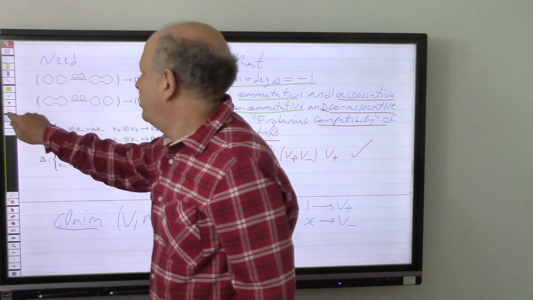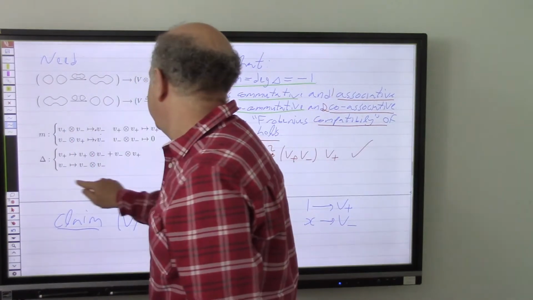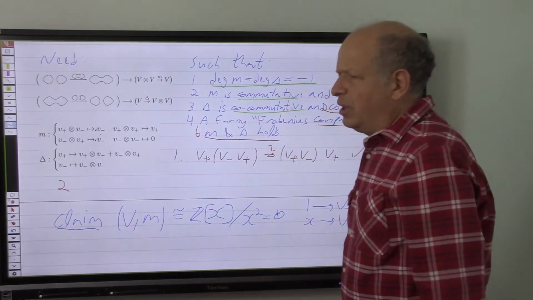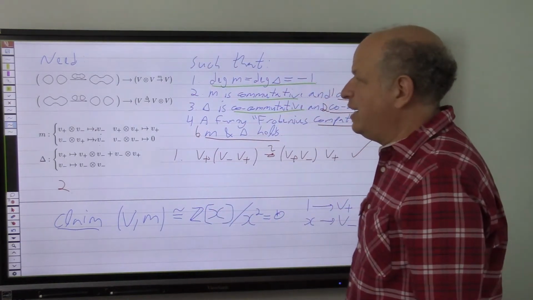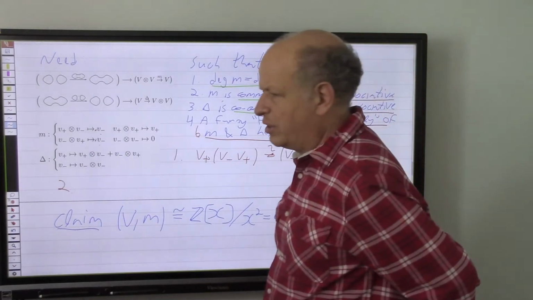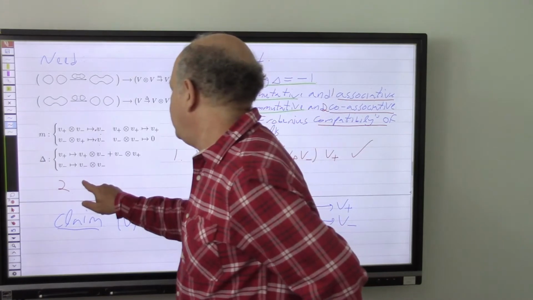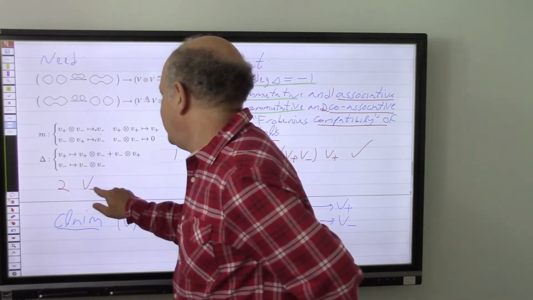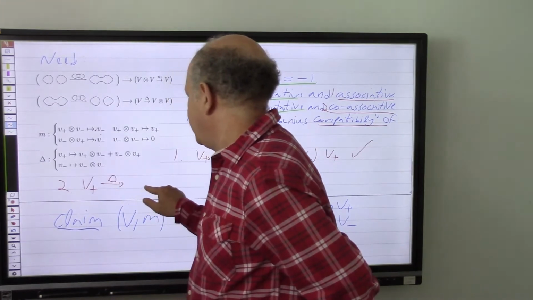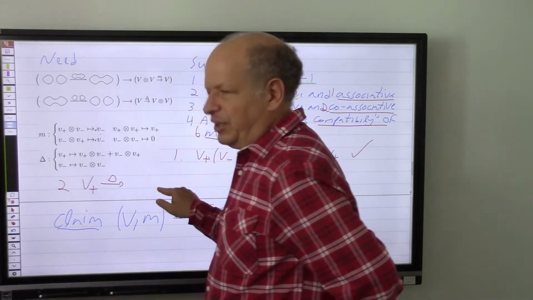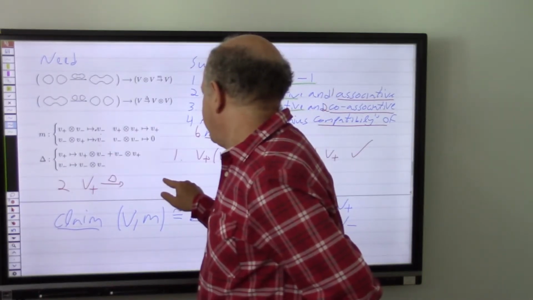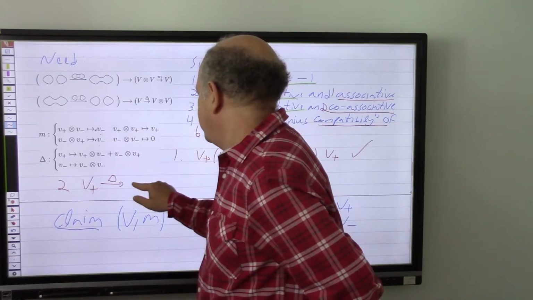The second property to check is that delta is co-associative. So you know, again, let me do it on both, okay? So I need to check that if I take V plus and apply to it delta, and then take the result and apply to it either, so let's write the result.